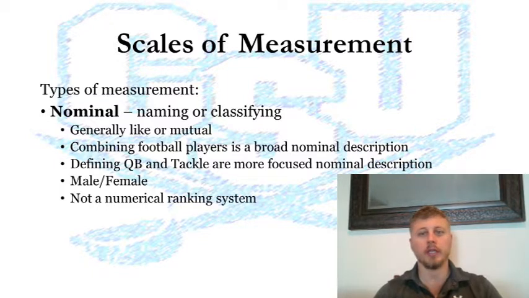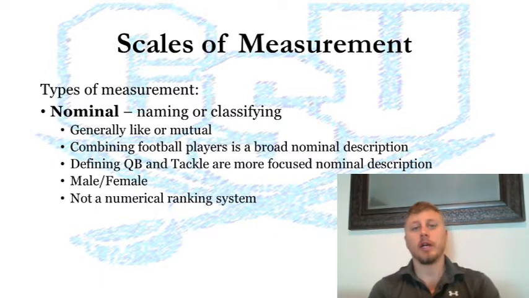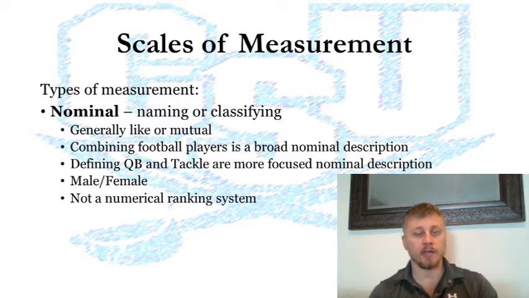So looking at football again, we're defining what a QB is differently from a tackle, and that's more focused in the nominal description. So we're basically starting to classify them in groups. You have your ability groups too. Back in the military, where we have our 2-mile PT test, the faster group of people will be considered the A group.